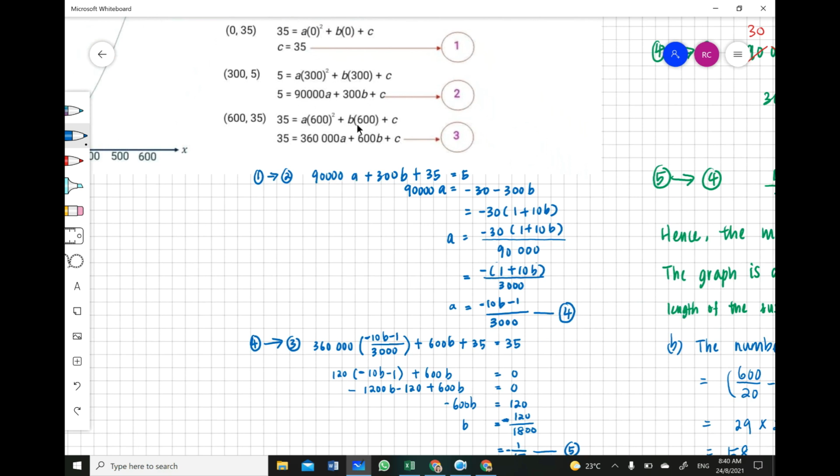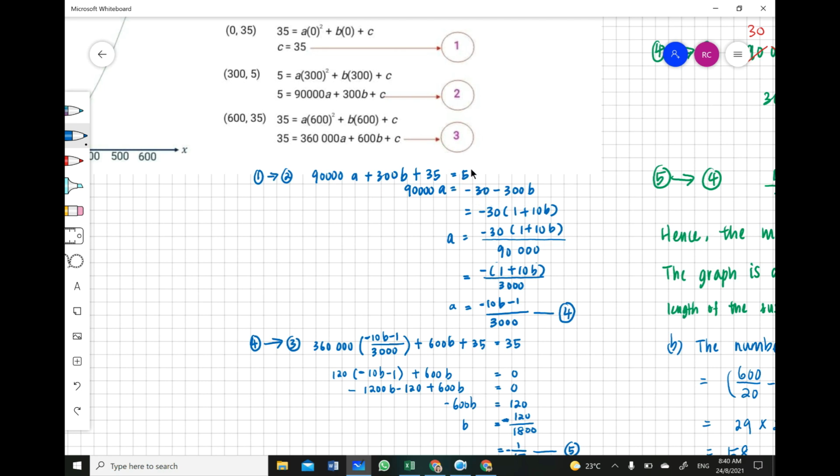90,000a plus 300b plus c, and c is 35 from here, so plus 35 equals 5. After that, 90,000a from here, I bring all the rest to the right. I get negative 30 minus 300b.